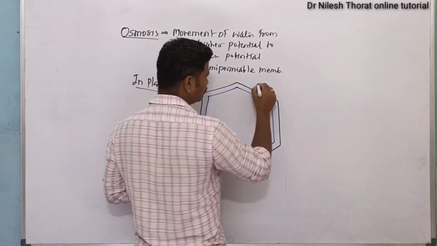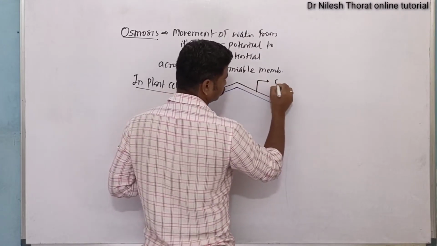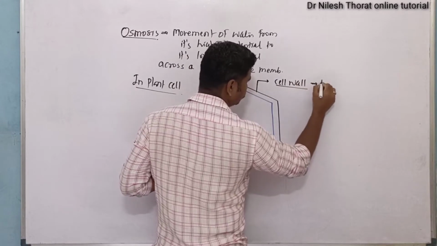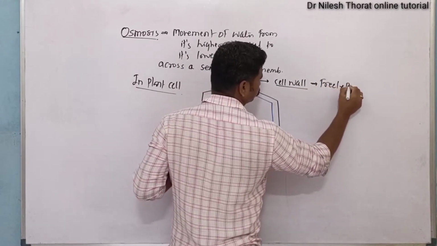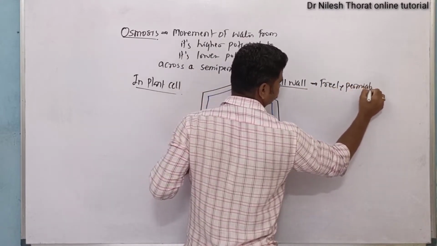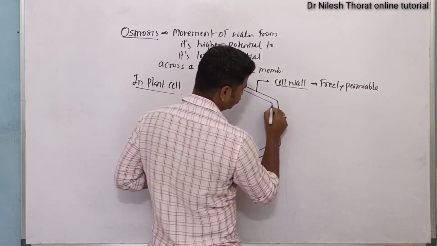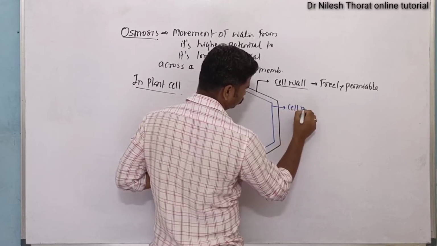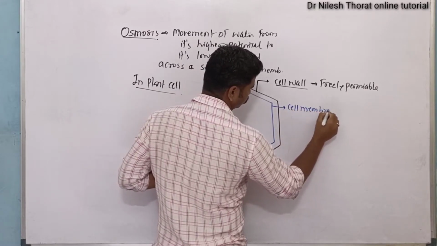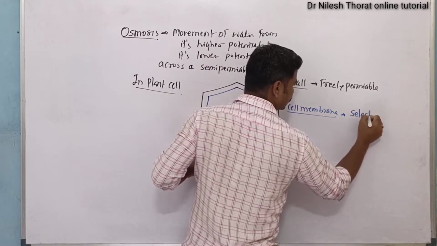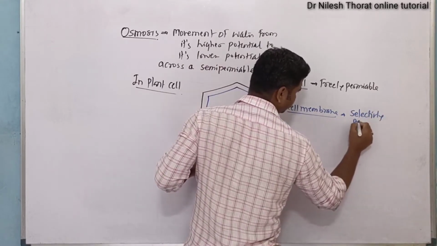What we have said, that the cell wall is freely permeable and a cell membrane is selectively permeable.